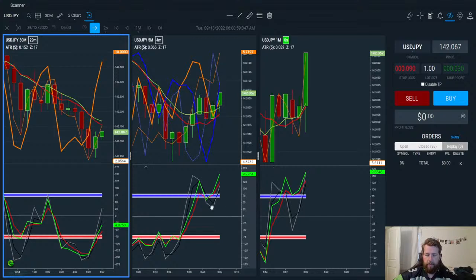And we also have a bit of a gray dagger here, which is one of the signals that we're looking for, and we actually have a really big gray dagger here. So gray dagger is basically when the majors and minors separate, and the minors snap back toward the majors, and they're both pointing in the direction of the trade. And this is a really good example right here. So I would look at going long here.